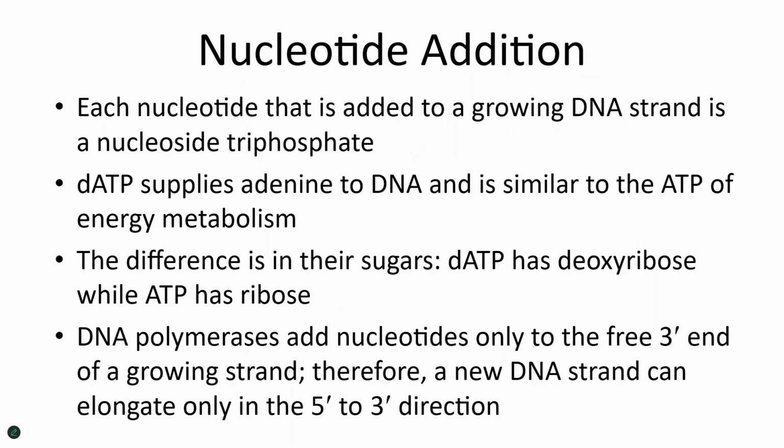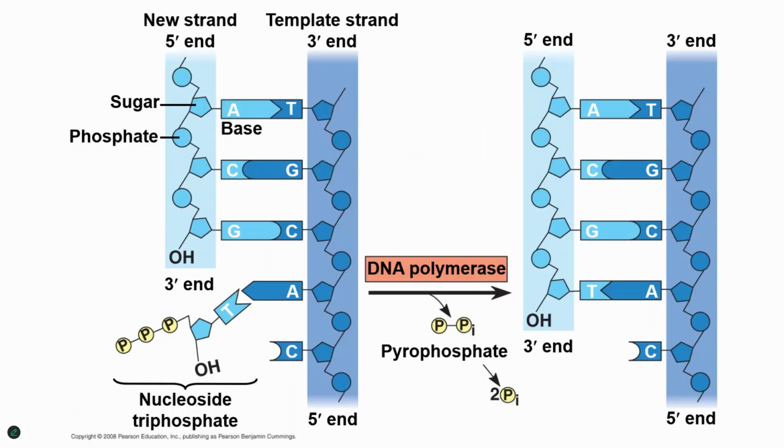When the nucleotide gets added on, as the DNA polymerase is adding a nucleotide one at a time, it's actually adding not free-floating nucleotides, but free-floating nucleoside triphosphates. So if you look at this diagram here, here's your new DNA strand being built, and then here's a new nucleotide coming in.